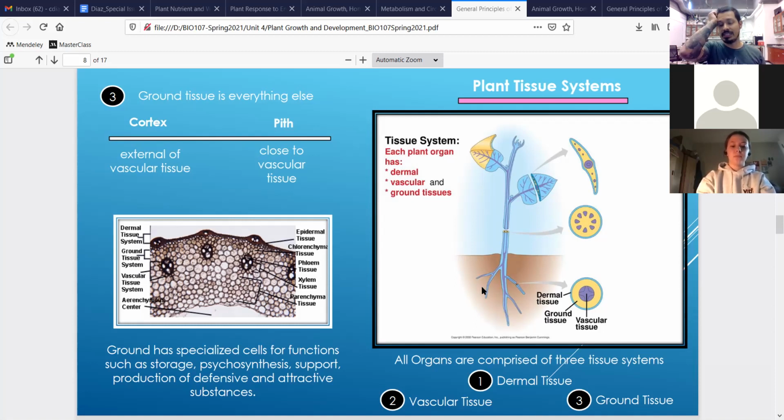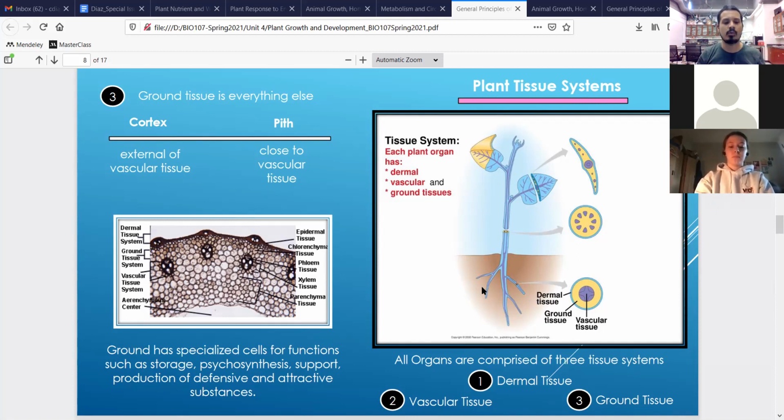So each ground tissue system is going to be filled with the appropriate cells to do what needs to be done at that area, right? So ground tissue in leaves is going to be filled with chloroplasts. They're situated and made so there's a labyrinth in which air can diffuse through and get to all of these chloroplasts.